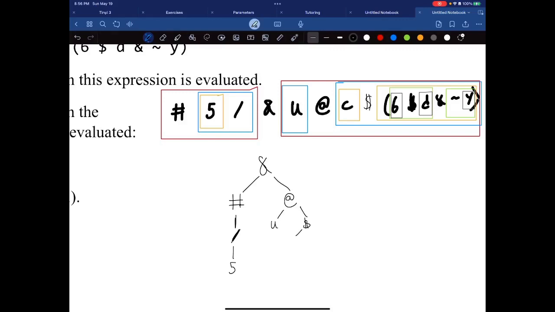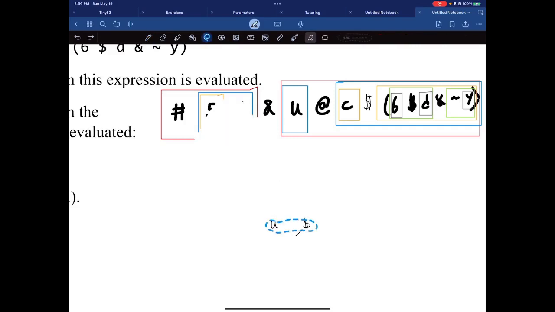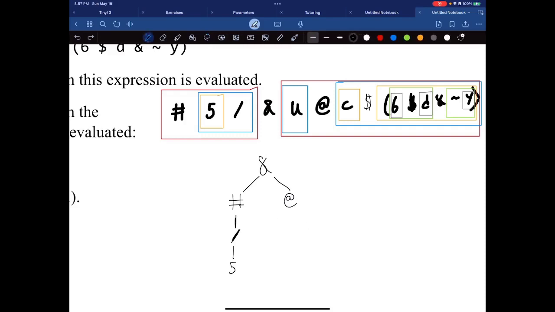The left of the dollar sign is going to be the C. Wait, let me, oh, this is not leveled. Let me move this down. What did I just do? Okay, let me just rewrite it. Okay.